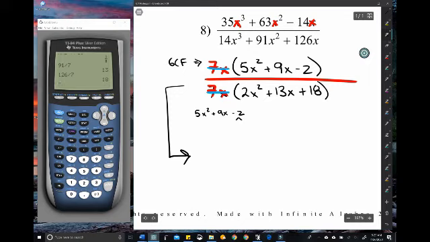Factors of negative 2 are negative 2 and positive 1, positive 2 and negative 1. Factors of 5 are just 5x and x. The key is to, again, get to positive 9. So if I take 5x times 2, that's 10x. 1 times negative 1 is negative 1. Those add to positive 9.